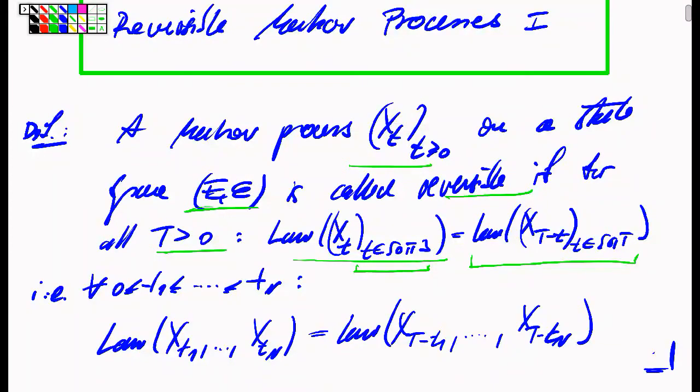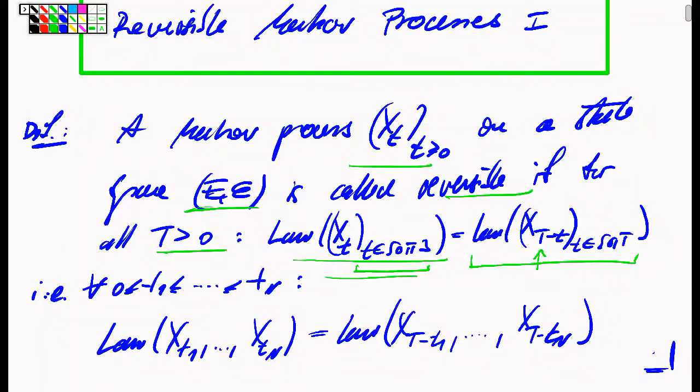But here backwards in time means that we run backwards starting from this time point, capital T, and run the trajectories backwards in time.